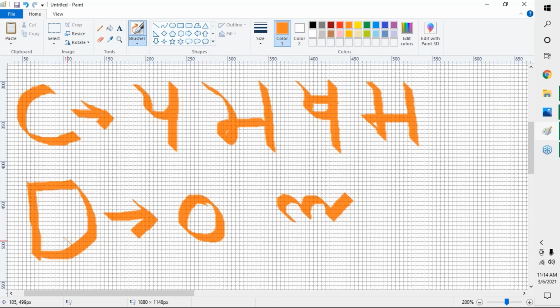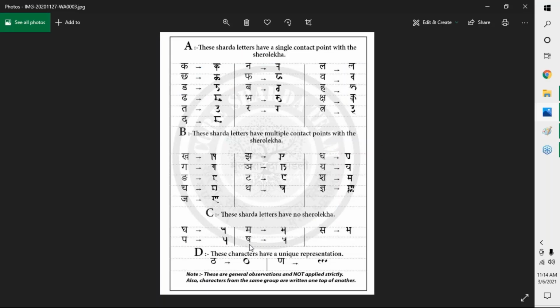This falls under category D. So this is our complete representation: A, B, C, D. We will send you this chart as reference material, but as homework, students, please write it. It can be practice for the consonants, and also practice for you to remember A, B, C, and D.